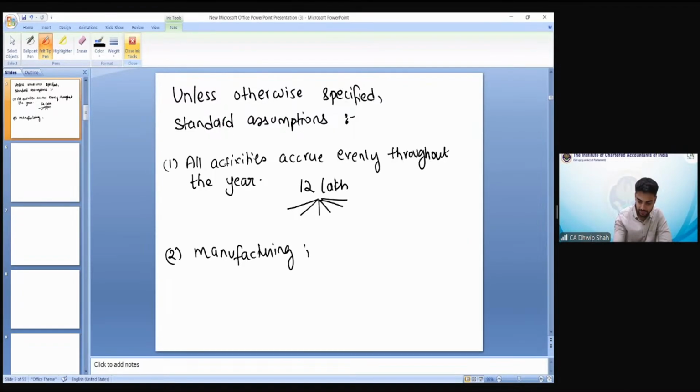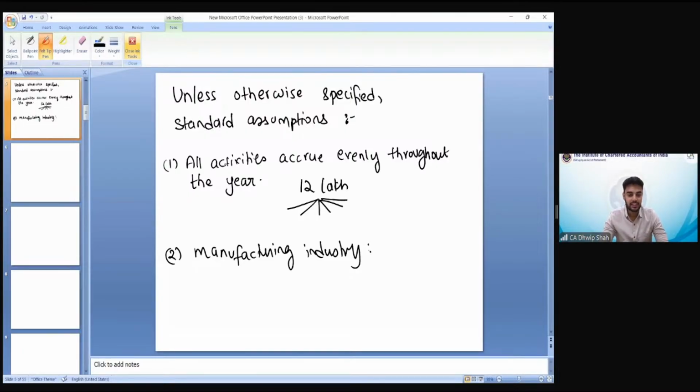Means in your entire syllabus, there is no question for estimating the working capital for those into trading or service industry. Again, the reason is very simple. The more complexity involved in working capital management is for manufacturing industry.